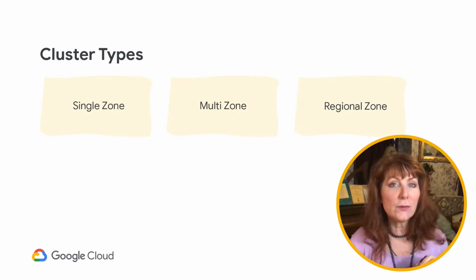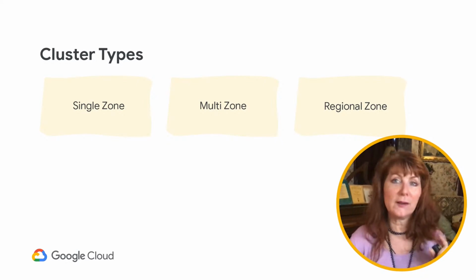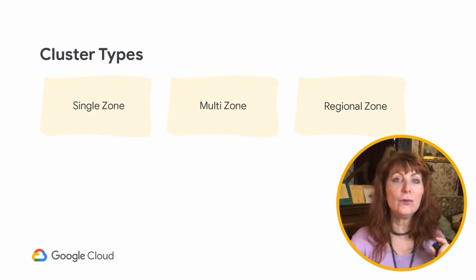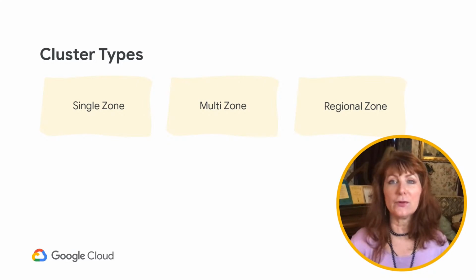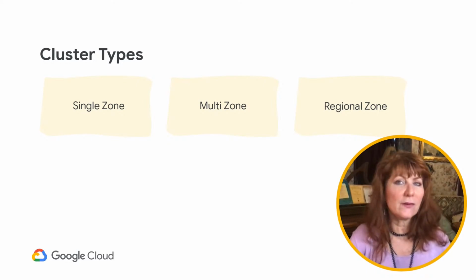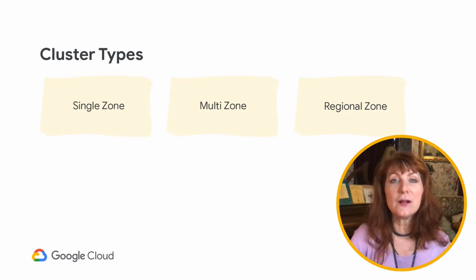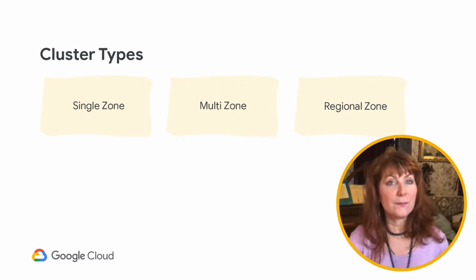A multi-zonal cluster has a single replica of the control plane running in a single zone and has nodes running in multiple zones. Now, during an upgrade of the cluster or an outage of the zone where the control plane runs, workloads can still run, but they can't be configured until the control plane is available again. Now, multi-zonal clusters balance availability and cost for consistent workloads.